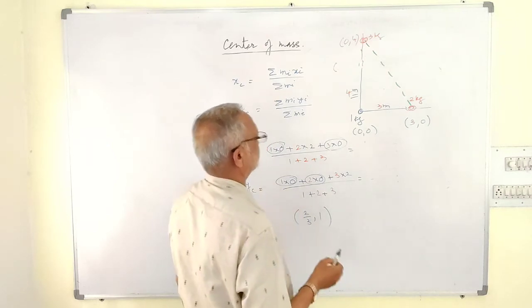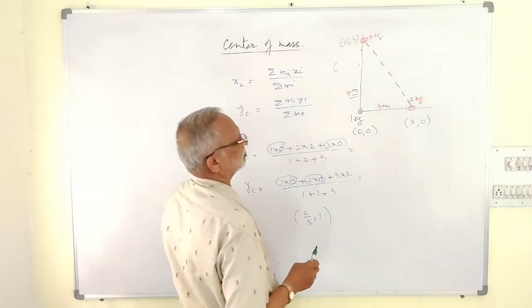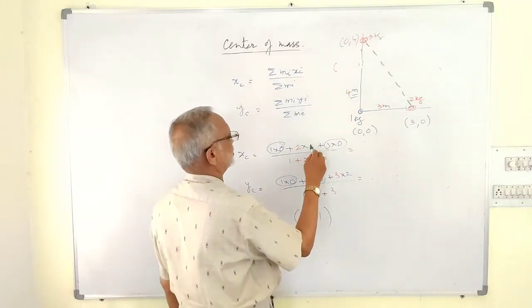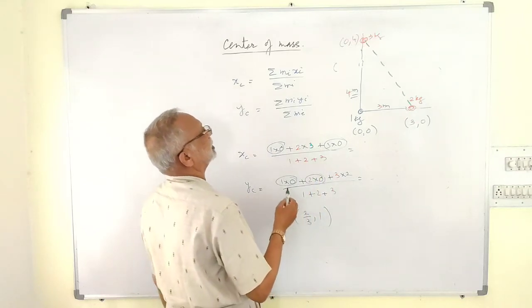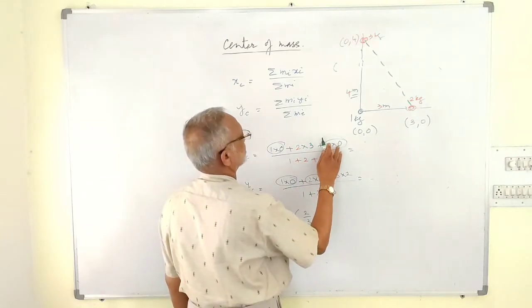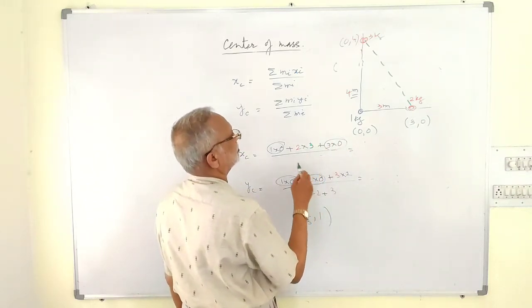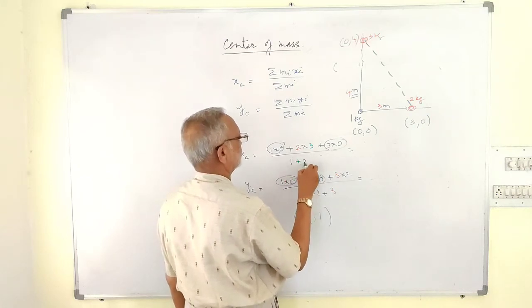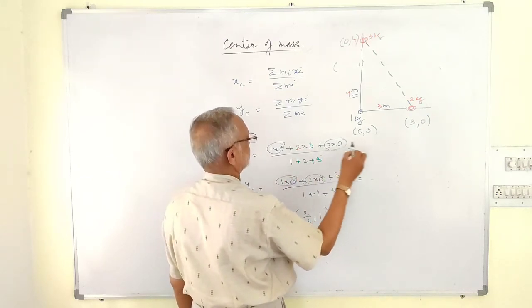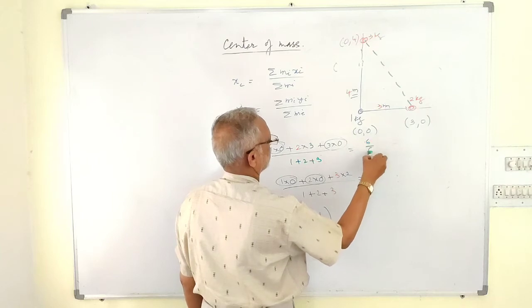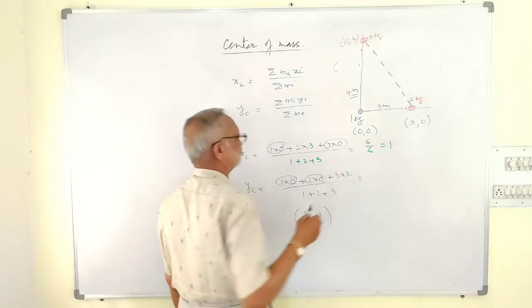xcm is m1 x1, 1 into 0, plus m2 x2, that is 2 into 3, plus m3 x3, 3 into 0, divided by 1 plus 2 plus 3. So this is 6 by 6, that is 1.